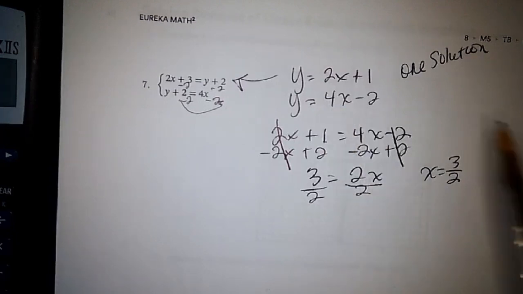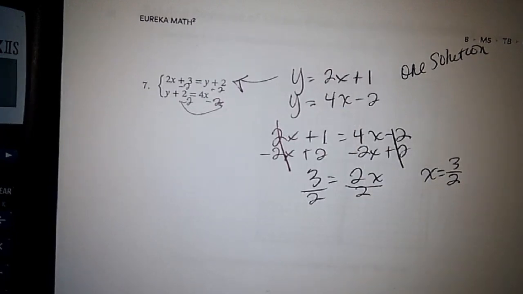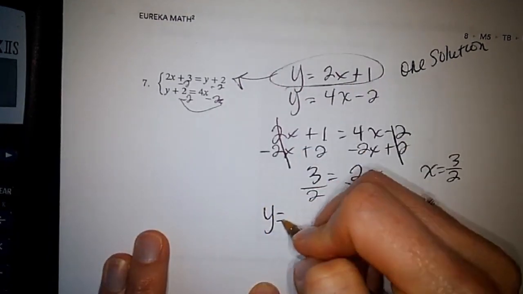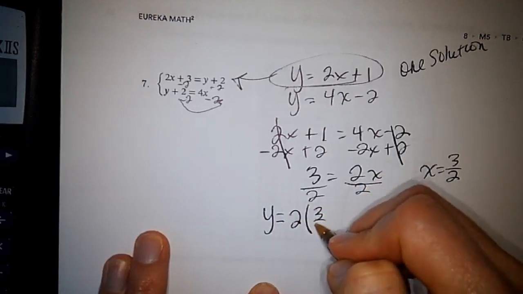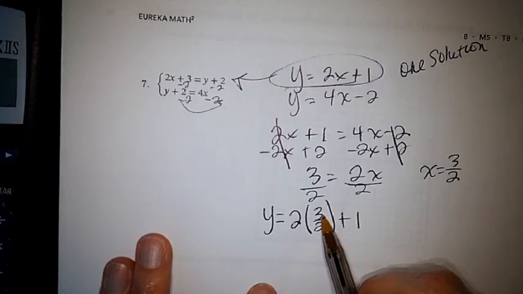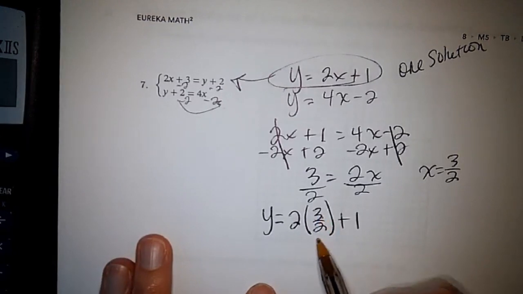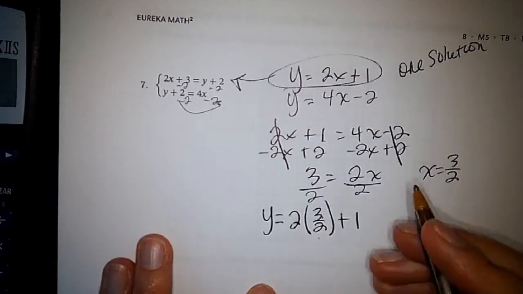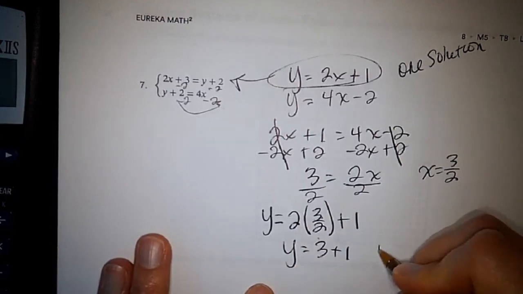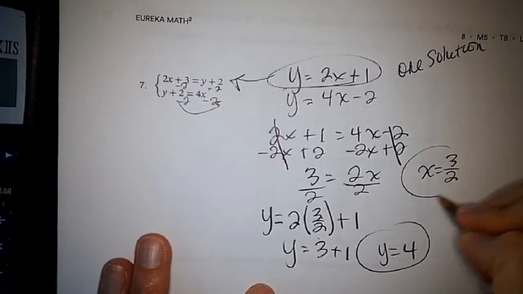First one. Okay, here we go. Y equals 2 times 3 over 2 plus 1. What's 2 times 3? 6. What's 6 divided by 2? 3. One solution.